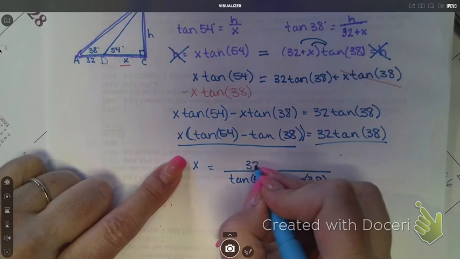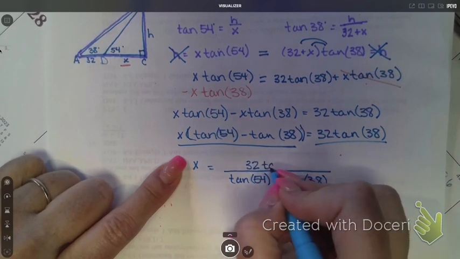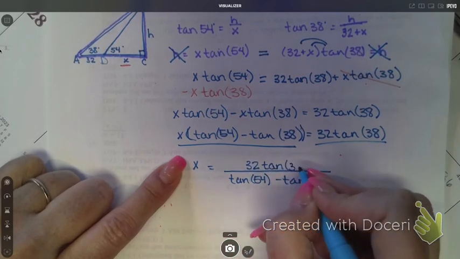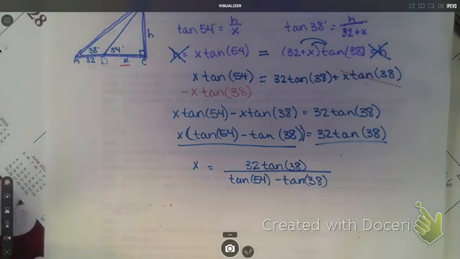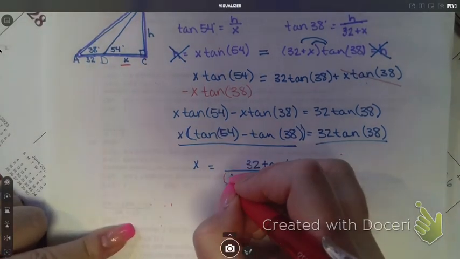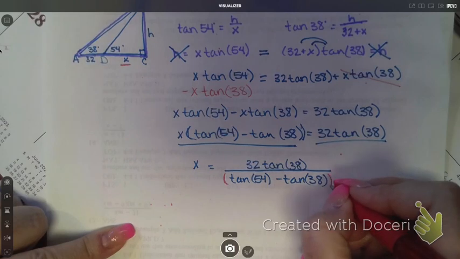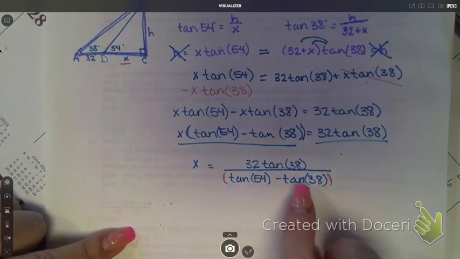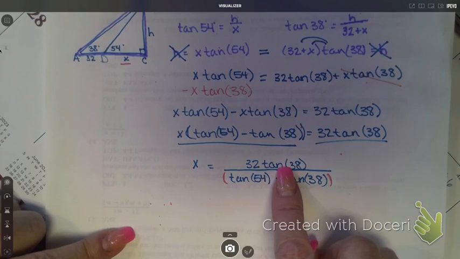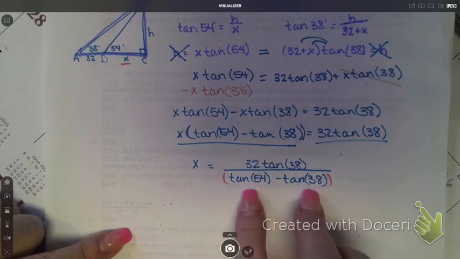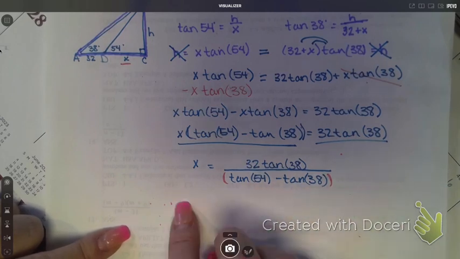Now, the denominator is a quantity, yes? I didn't write my parentheses, but if you were tempted to simplify the tangent of 38 and the tangent of 38, you better put them. Because we know with a quantity you cannot reduce unless you can reduce the whole thing or factor it out.